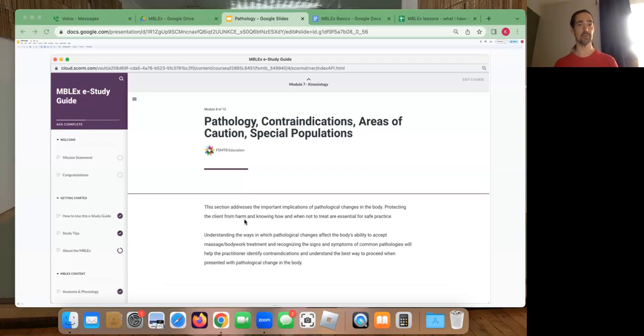Someone who has osteoporosis or osteopenia, a thinning and weakness of the bones, should make it pretty obvious that there are some things that could do harm. So when it comes to the MBLEX and practice, but especially the MBLEX, when you think about pathology, contraindications and cautions, ask yourself: could this technique do harm on this person?